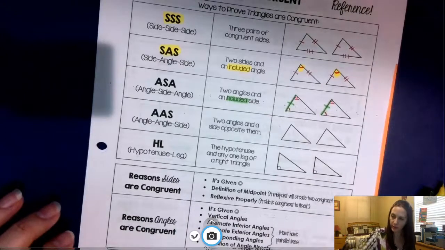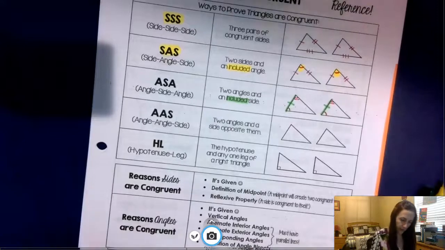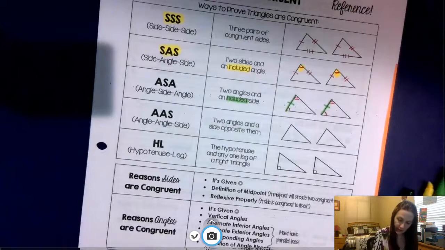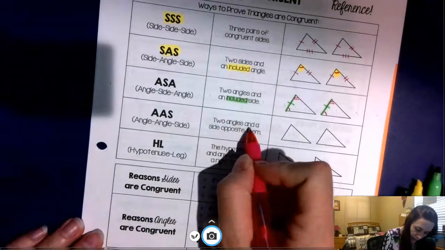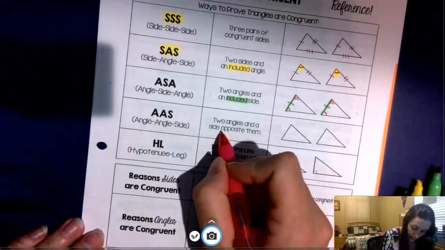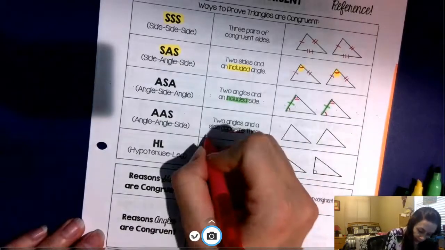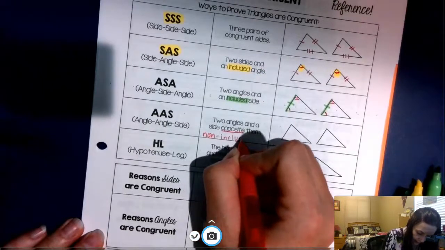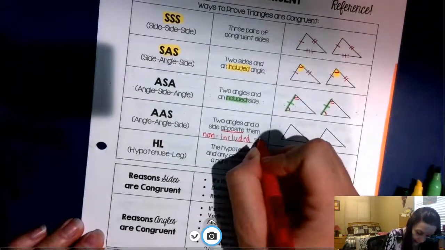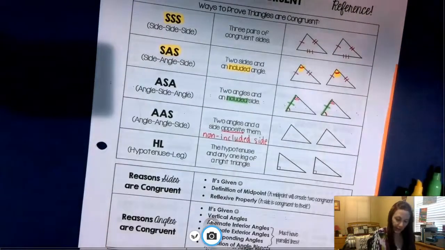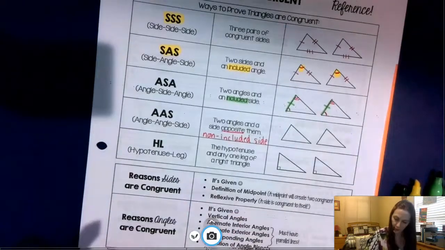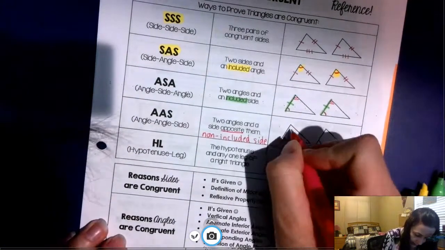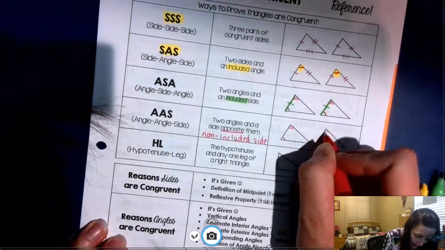Now the next one is going to be angle, angle, side. This time, 2 angles and a side opposite them. 2 angles and a non-included side. So let's say I have the same 2 angles, this angle here and this angle here, this angle here and this angle here.